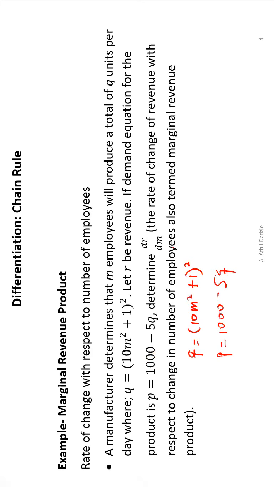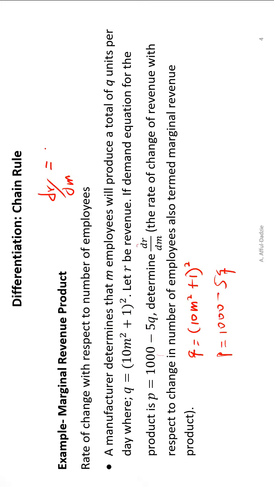Determine the dR/dM. Okay, so now we have been given something related to revenue and something related to employees. So it's like we are crisscrossing. We want to combine these two equations to have our dR/dM. So dR/dM is going to be taking the derivative of the revenue function and then also the derivative of this output function with respect to employees.